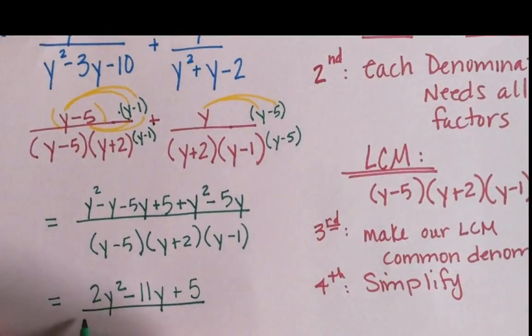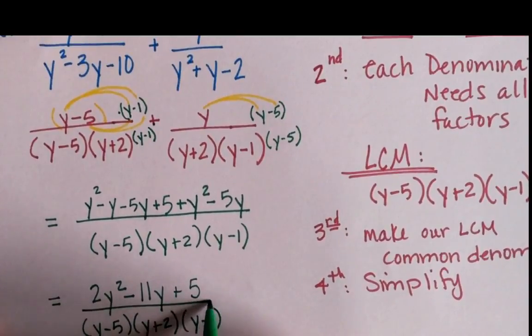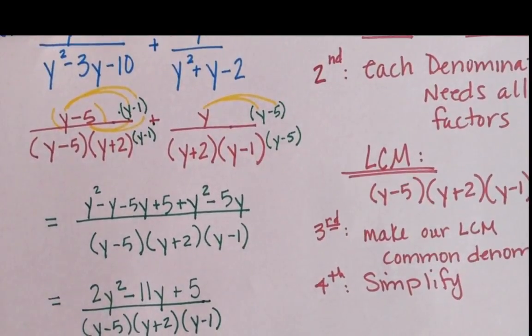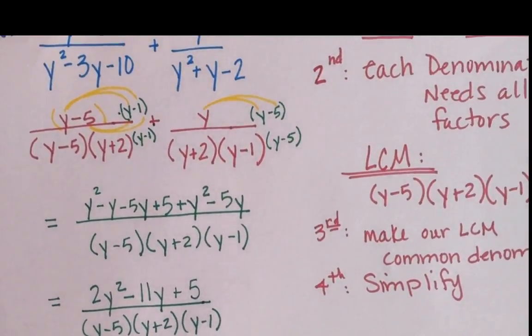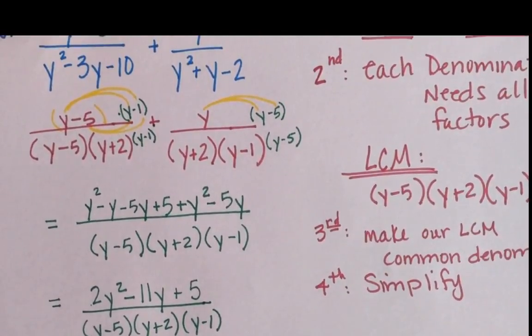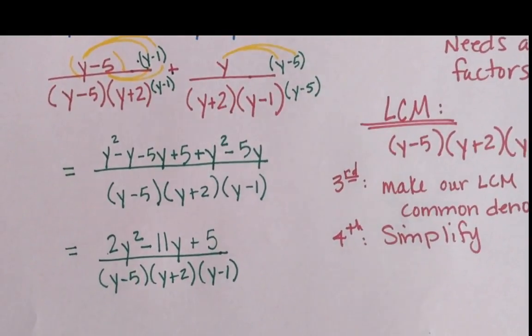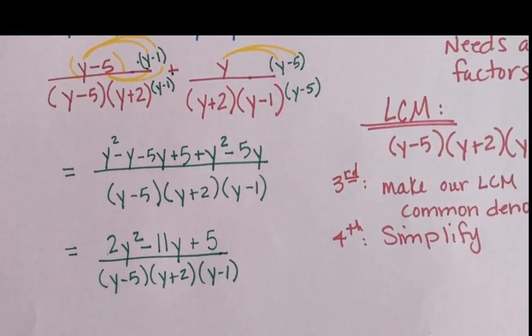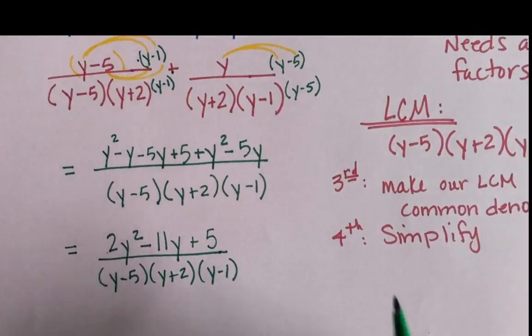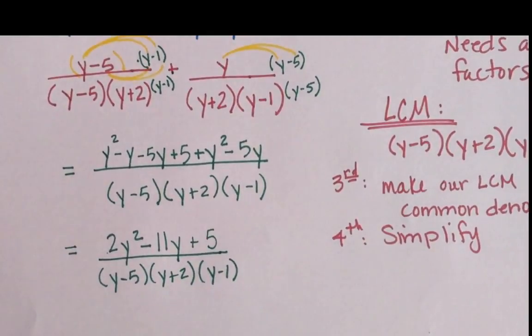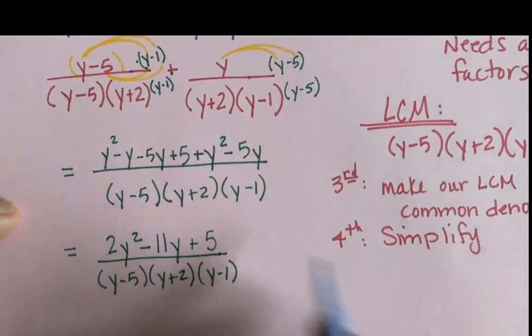And in the bottom, y minus 5, y plus 2, y minus 1. So the only thing we need to make sure of is, can we factor the top? And I'm looking at the AC method. And that's where the trick is. Don't stop too soon.